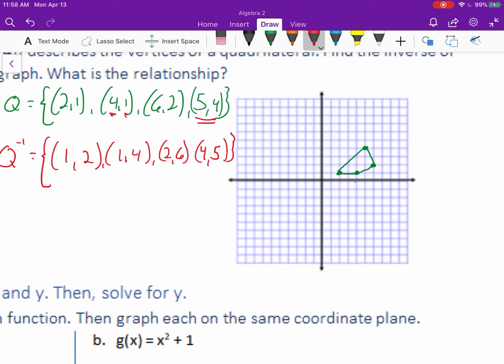And now let's do the inverse. So we have (1, 2) to (1, 4). So we're graphing (1, 2), (1, 4), (2, 6), and then (4, 5). And we connect those.